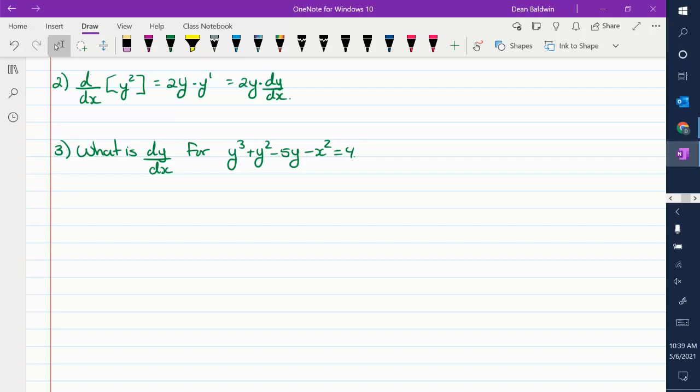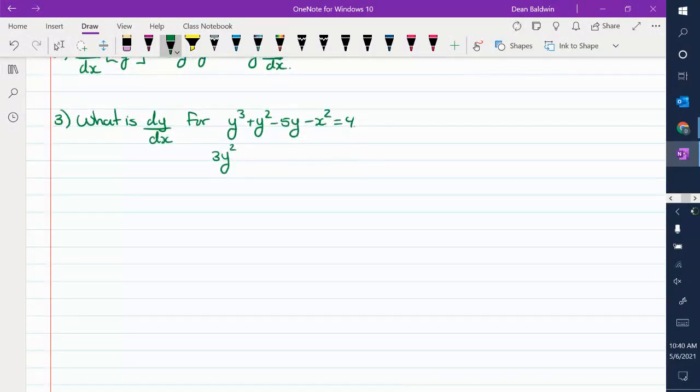So what is the derivative of y cubed with respect to x if the variables don't match? What do I do first? You're close. So you drop the 3 down, but you take 1 away from that exponent, right?